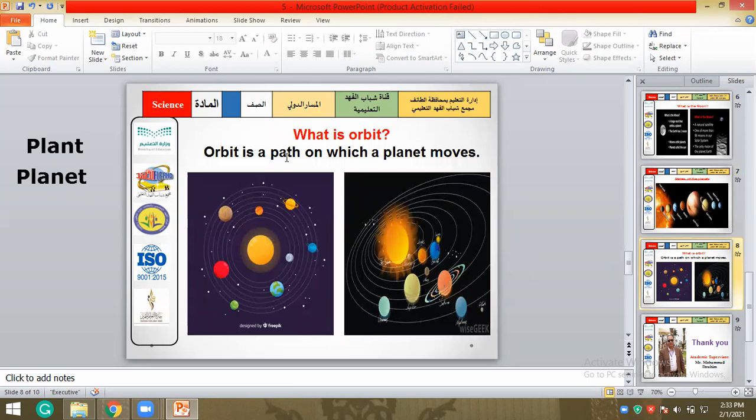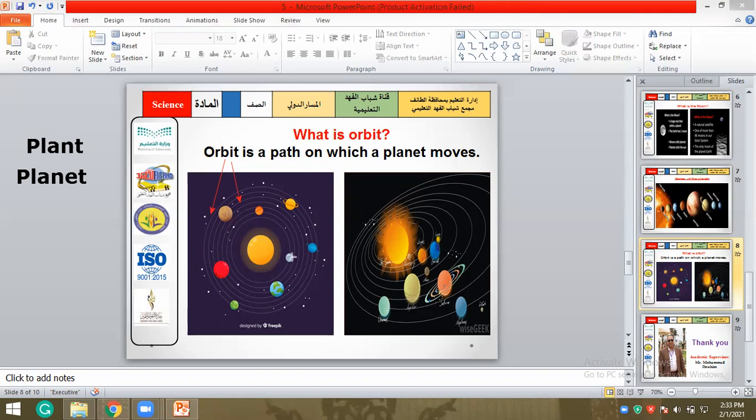Now what is orbit? Orbit is a path, a path on which a planet moves. Here you can see orbits. Look, the one orbit, then the other one. So this is the sun.